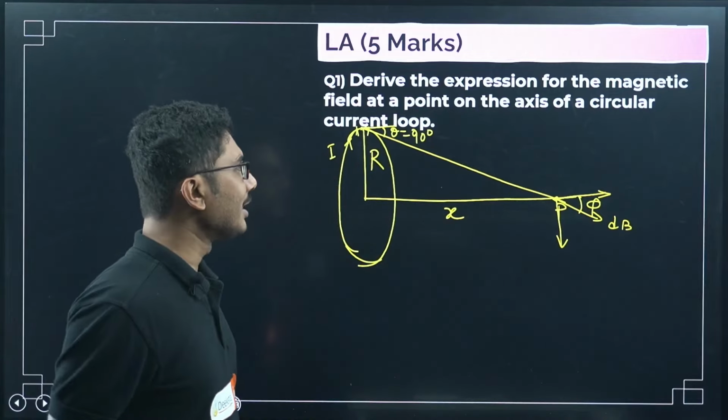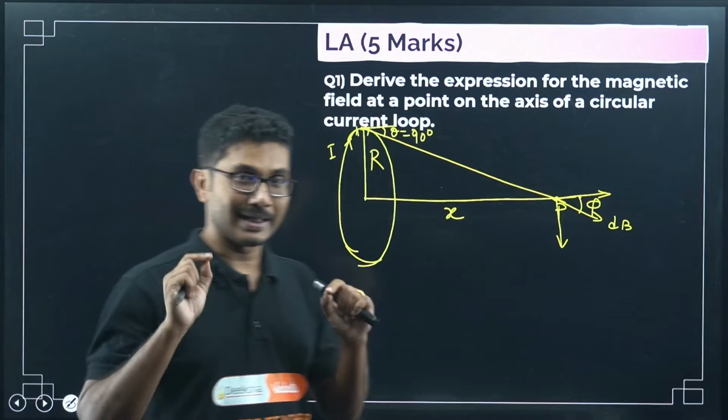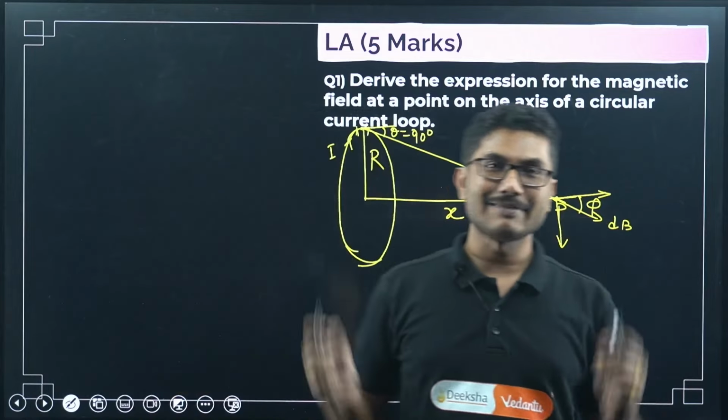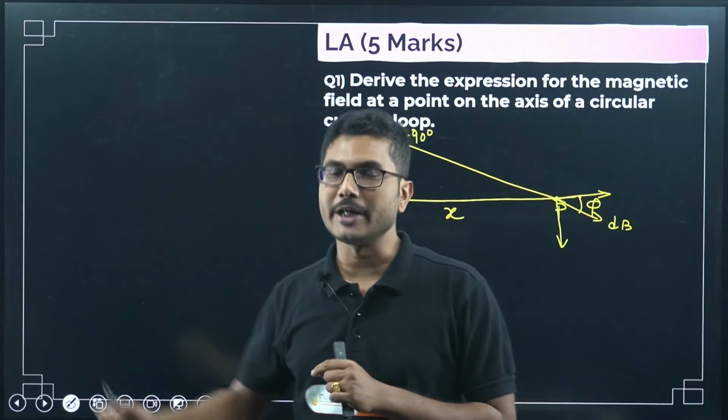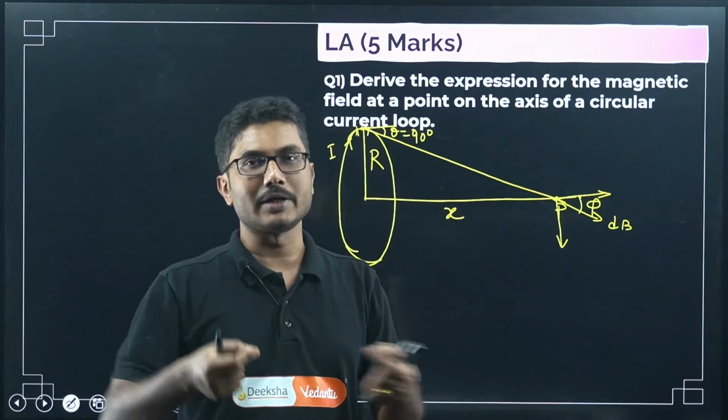So while you are deriving, I have seen students following certain publishers' books. I know the name of the publisher, I will not name that book. They study directly from there. They have mentioned theta in both cases. One case they write theta equals 90 degree.